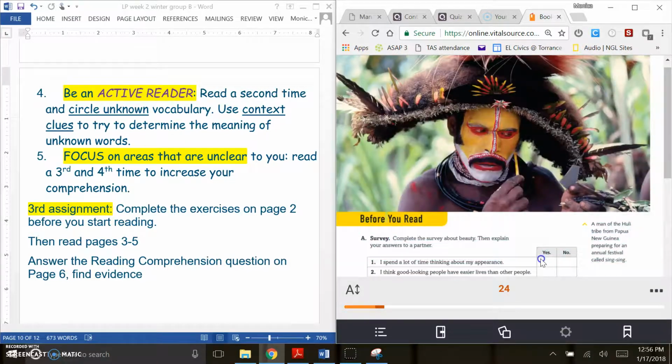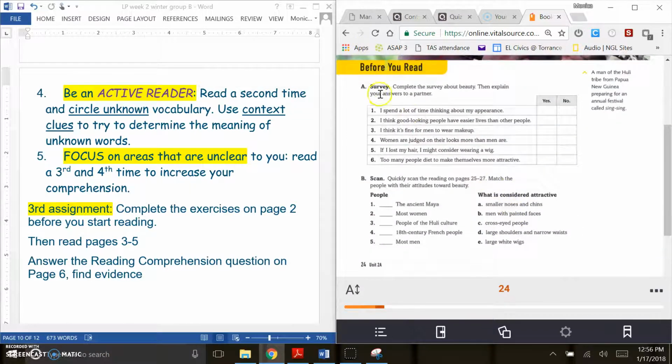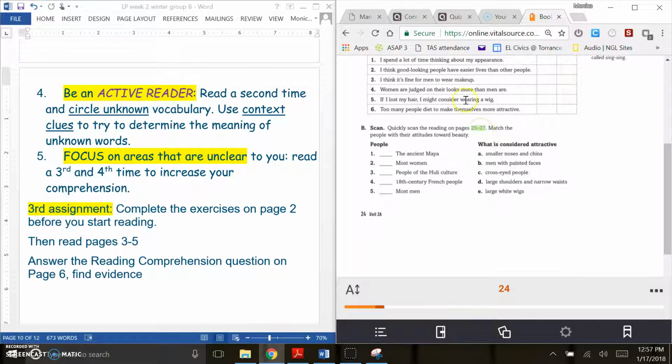So all of this, exercise A and exercise B, okay? Exercise A and exercise B. Please understand you are not working on page 25 and 27, okay? It's the reading, okay? So page 3, 4, and 5, okay? Page 3, 4, and 5, not pages 25, 26, and 27, okay? That's just a little mistake.